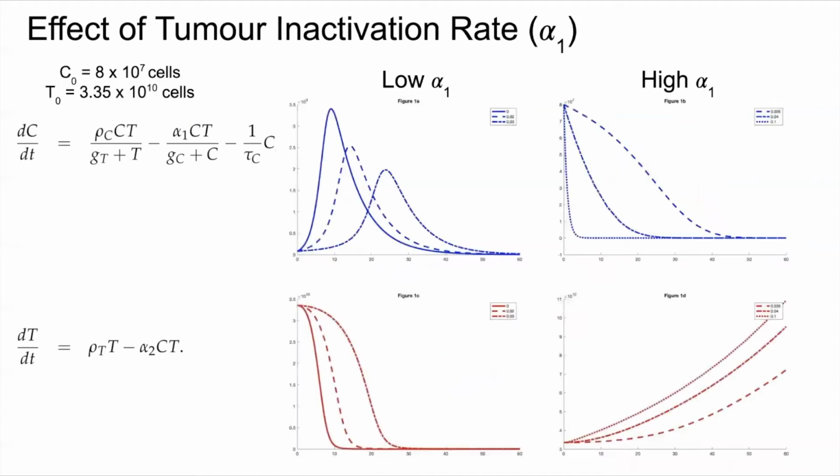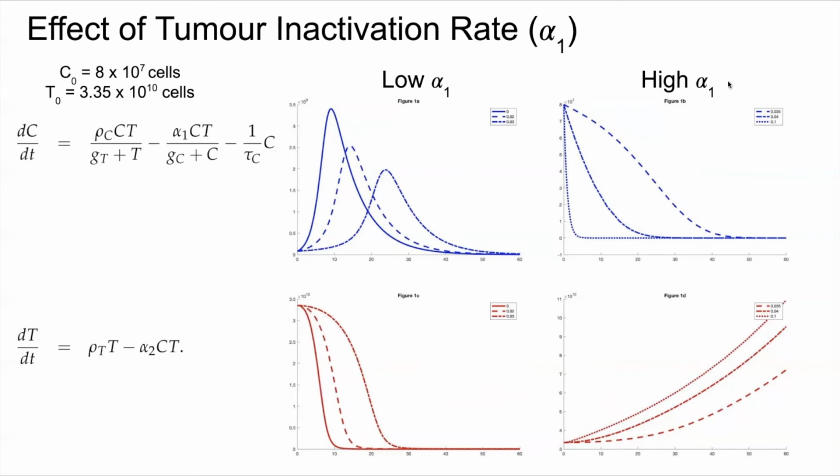On the other hand, with fixed initial CAR T cell and tumor cell populations, a higher value of tumor inactivation rate leads to the tumor cells dominating the population dynamics. So on the left here, you have a fixed initial population, but a low tumor inactivation rate, which means the CAR T cells can function more efficiently, and this leads to the elimination of tumor cells.